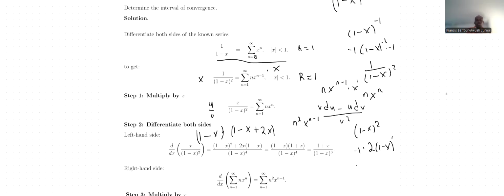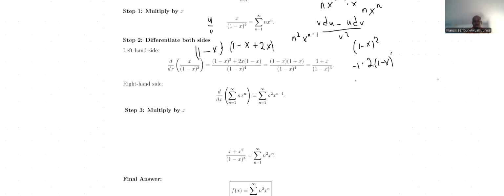So finally, what do we have? After differentiating, we ended up with (1 plus x) over (1 minus x), all of that cubed. That is what is given as a sum running from 1 to infinity, right?